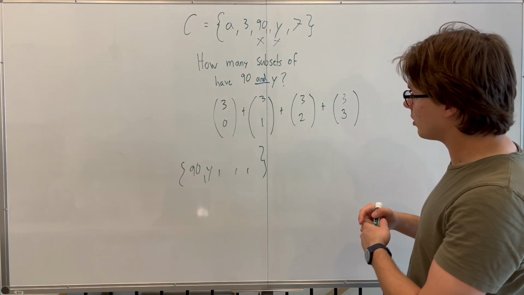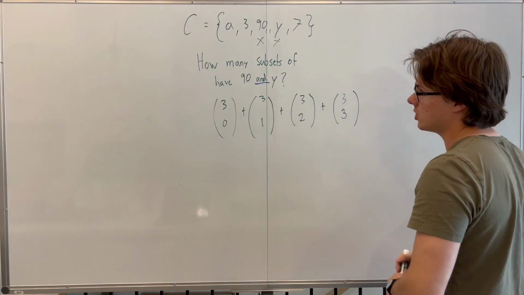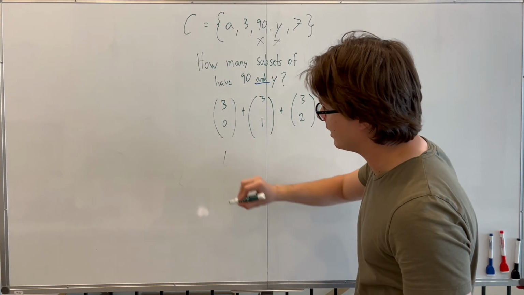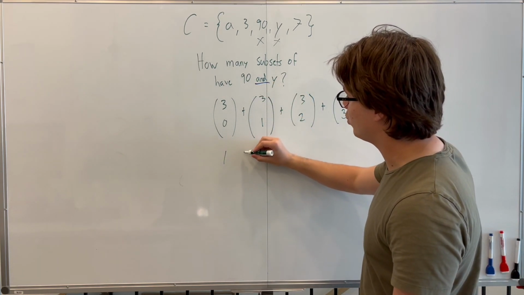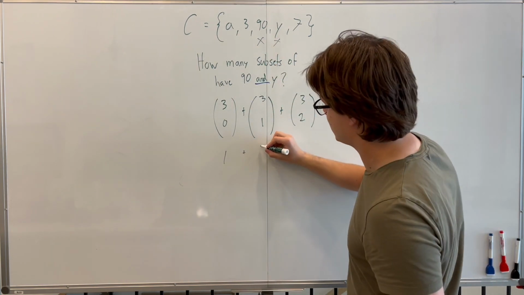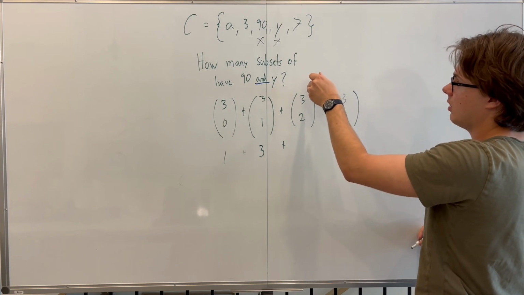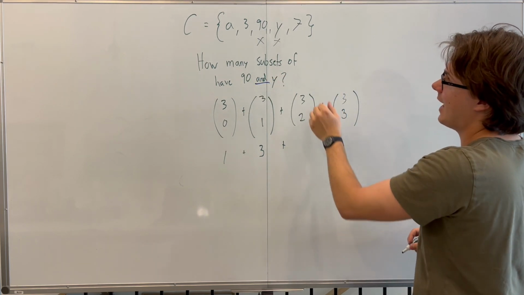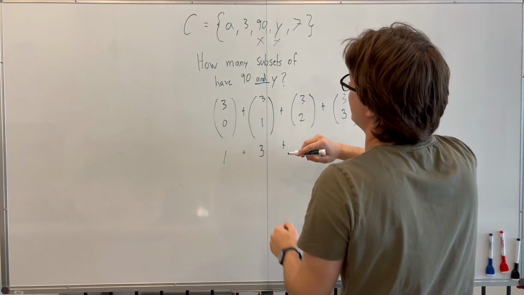So our total answer is going to be equal to the sum of these notations. Well, 3 choose 0, there's only one way to choose nothing, to be with 90 and Y. How many ways can we choose 90 and Y to have one of these 3? The answer is going to be 3. How many ways can you choose 90 and Y to have 2 of these, whether it's A and 7, or A and 3, or 3 and 7, and so on?